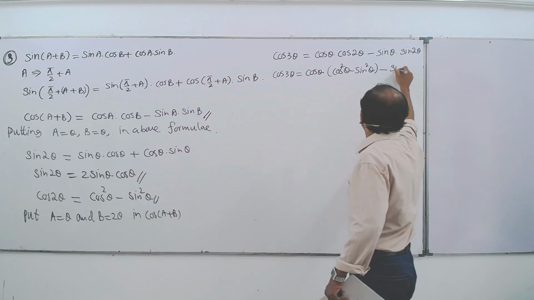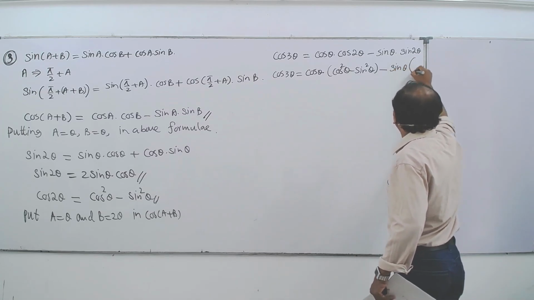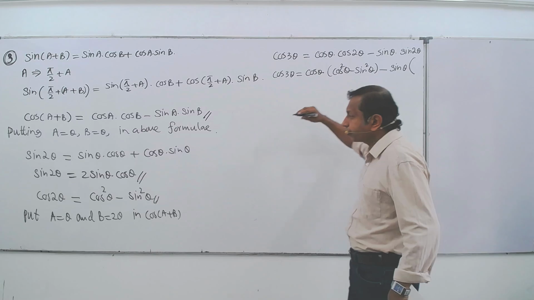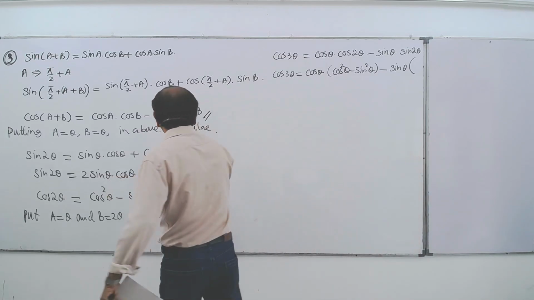Here we have sin 2 theta, which we can write as 2 sin theta cos theta.